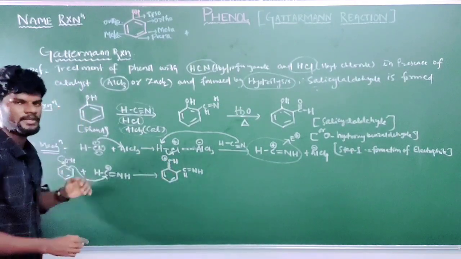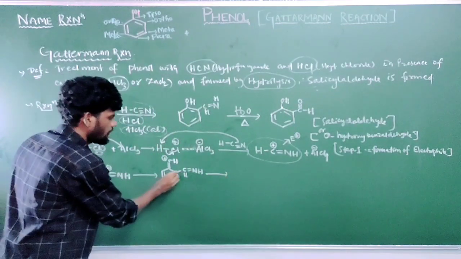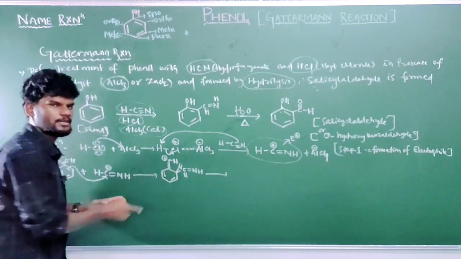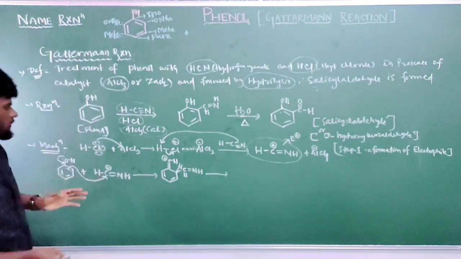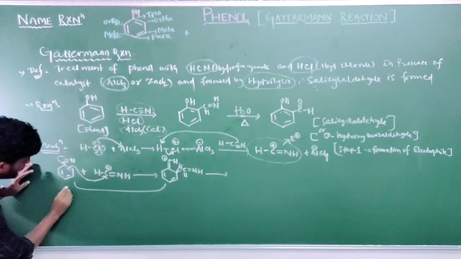So what happens next? Here is one hydrogen, yes, carbon is tetravalent. Write this step, step 2, formation of this to this.